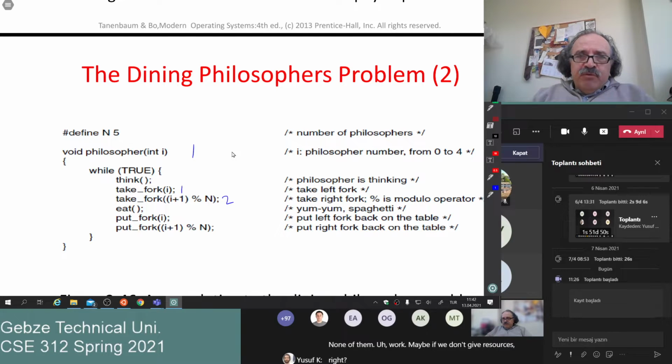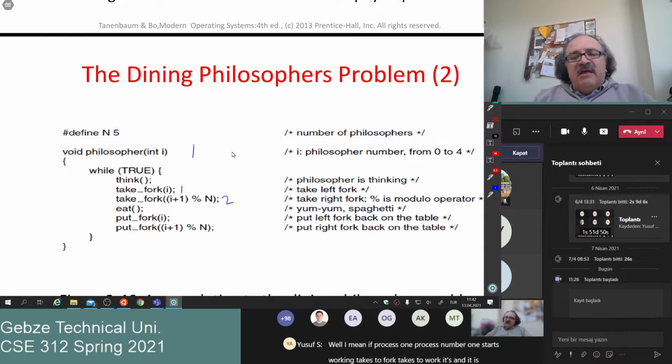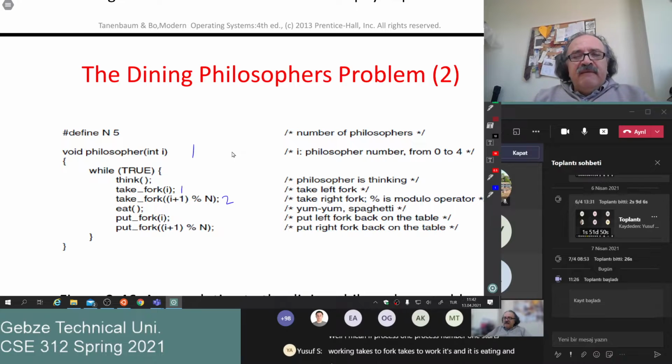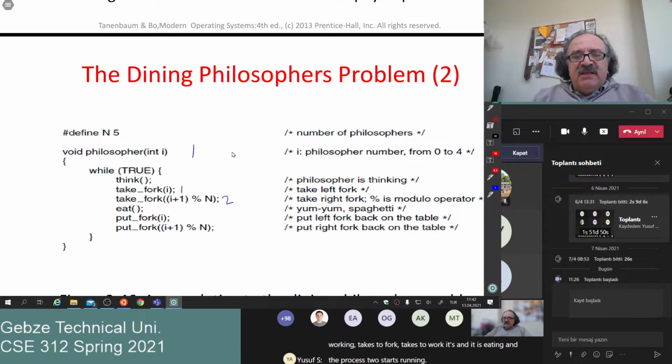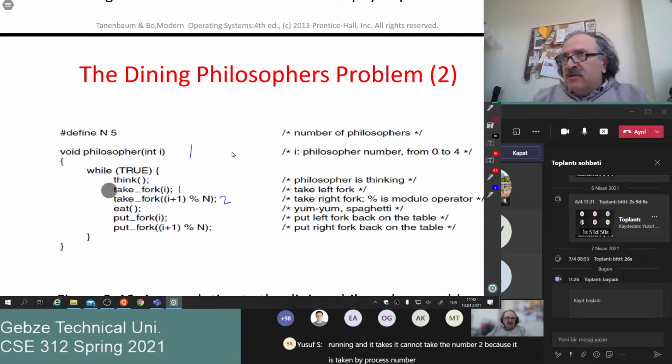Well, if process number 1 starts working, takes the forks, and is eating, and process 2 starts running while process 1 is eating, it cannot take fork number 2 because it is taken by process 1. It will block, so it works.